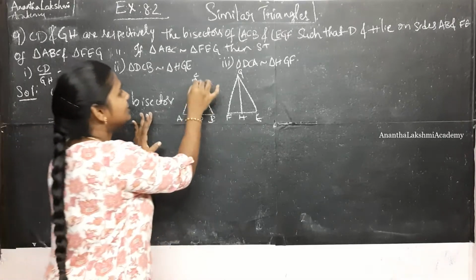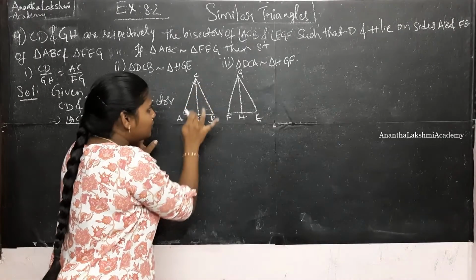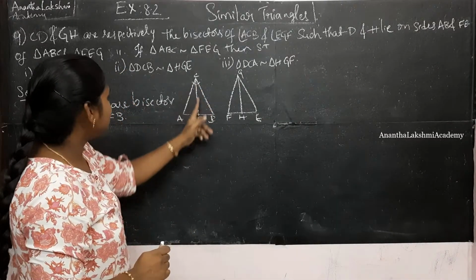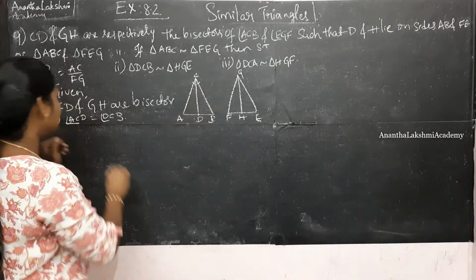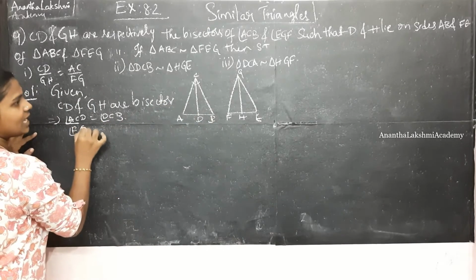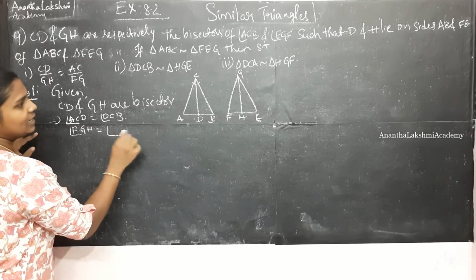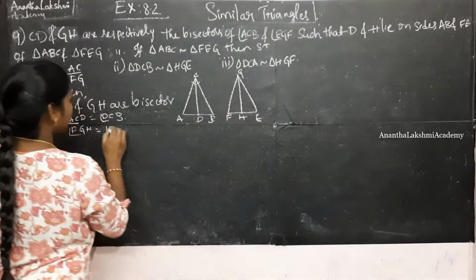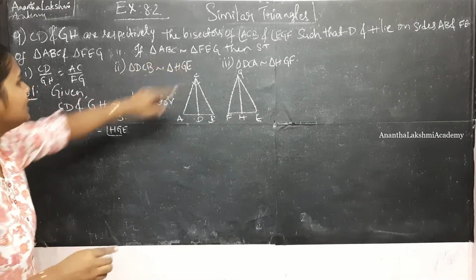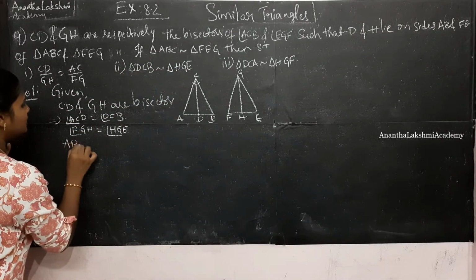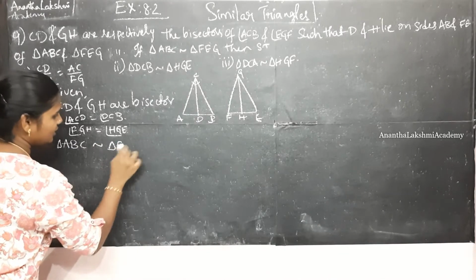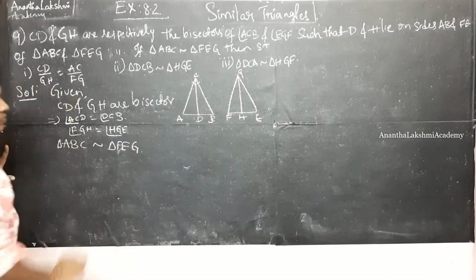When they say bisector, this line is going to divide this angle into 2 equal halves. So ACD is equal to DCB. Also, in the other triangle, angle FGH is equal to angle HGE. That is also given for us. Now, what is given? Triangle ABC is similar to triangle FEG is also given for us.